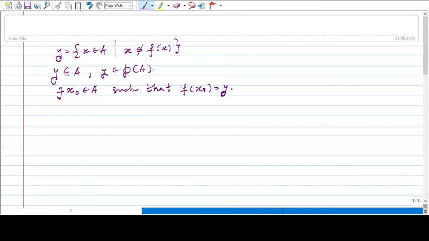That's the onto-ness of this function. So there is an x naught belonging to A such that f of x naught equals this Y.